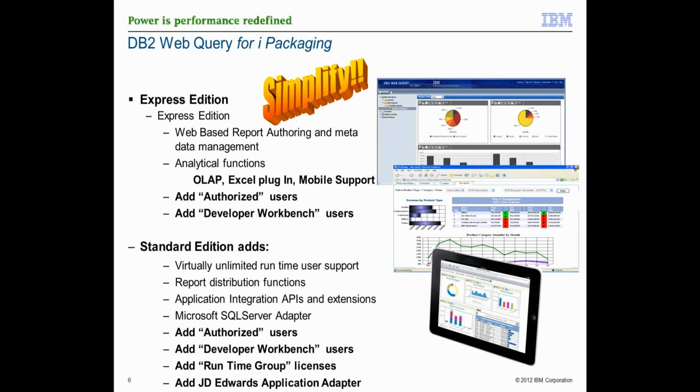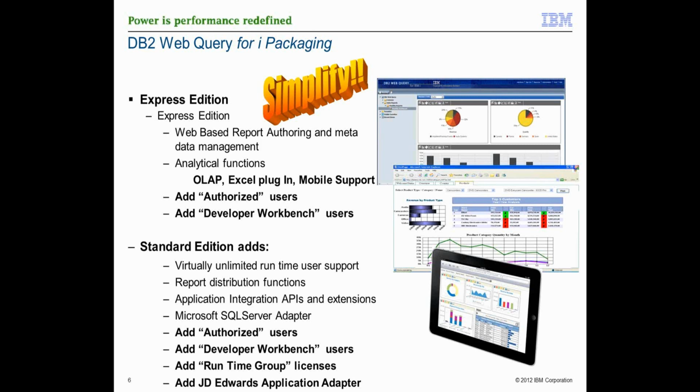So that's runtime only. We've got some nice report distribution functions. In previous versions, we referred to this as Report Broker, and this was a scheduling and distribution system where you could say, okay, I want this report to run at midnight, and I want to distribute it to these specific email addresses. That report distribution component has been built into the standard edition.